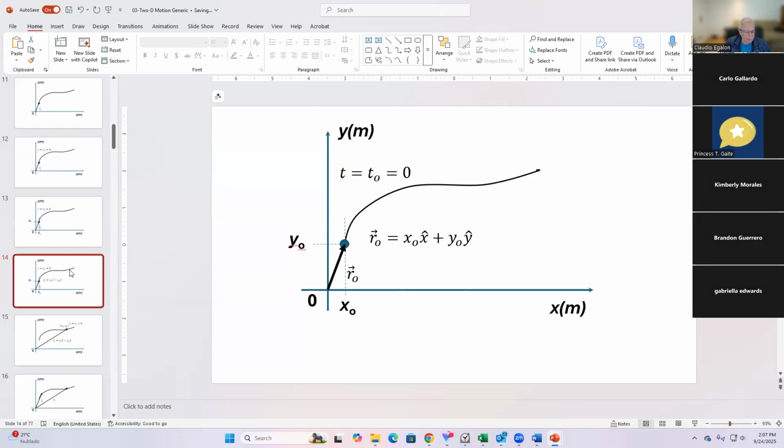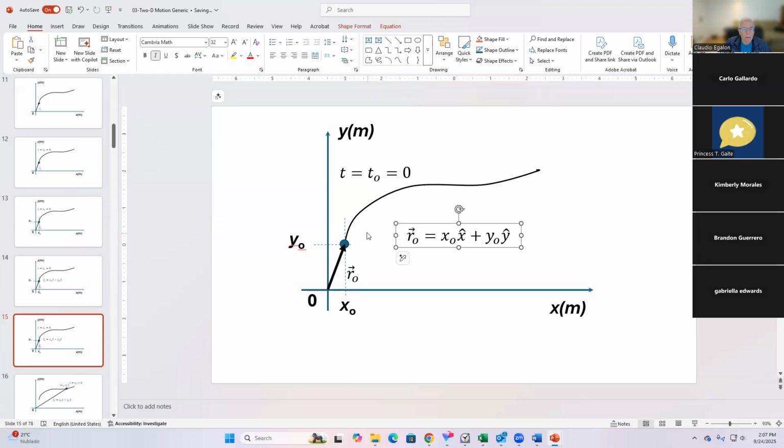And then as the particle moves along this path, as time goes by, this particle is going to move along this path.